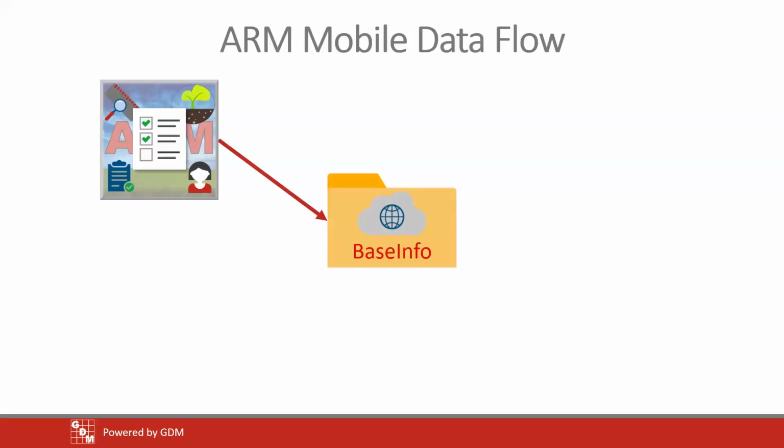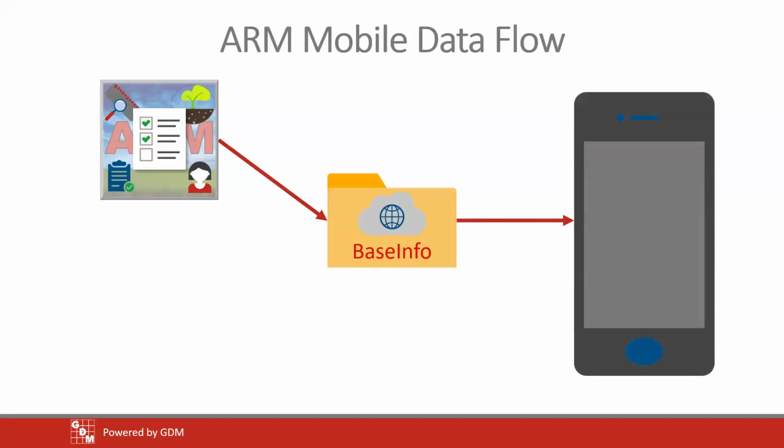All of this information is copied to a cloud storage service. We support Dropbox, OneDrive, and Google Drive on the PC where your ARM is already at. Then ARM Mobile downloads that base info during the installation and setup of the app on your phone.